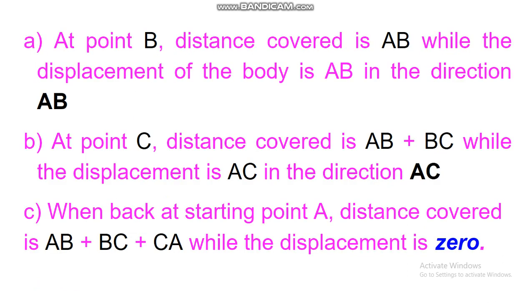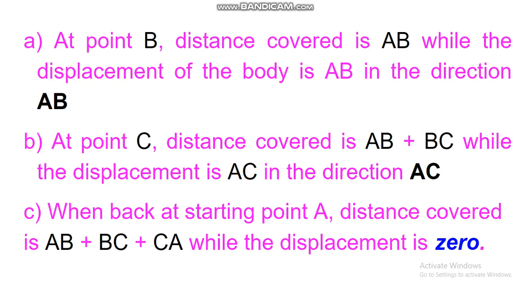So at point B, the distance covered is AB, small AB without bold. While the displacement of the body is AB in the direction A to B, that is bold.